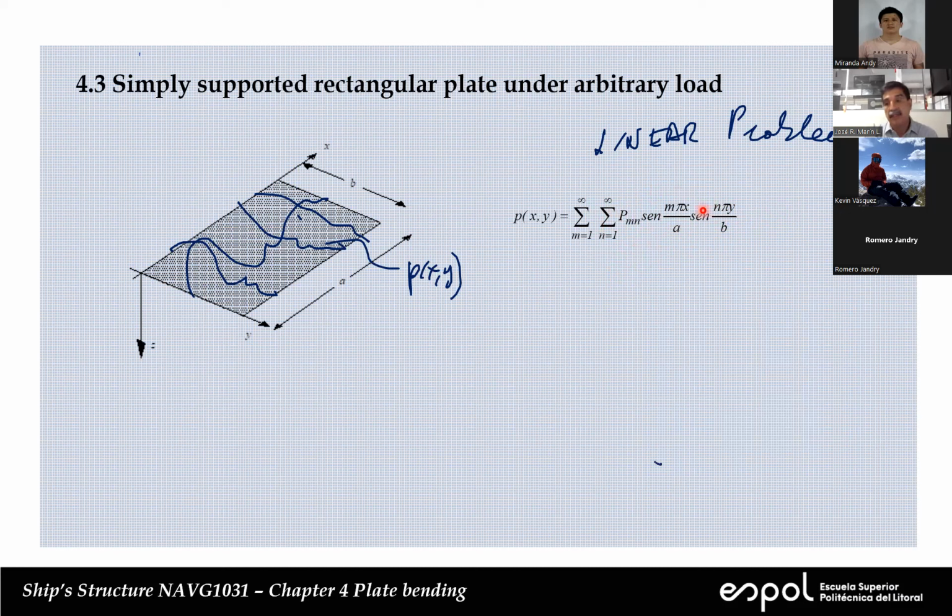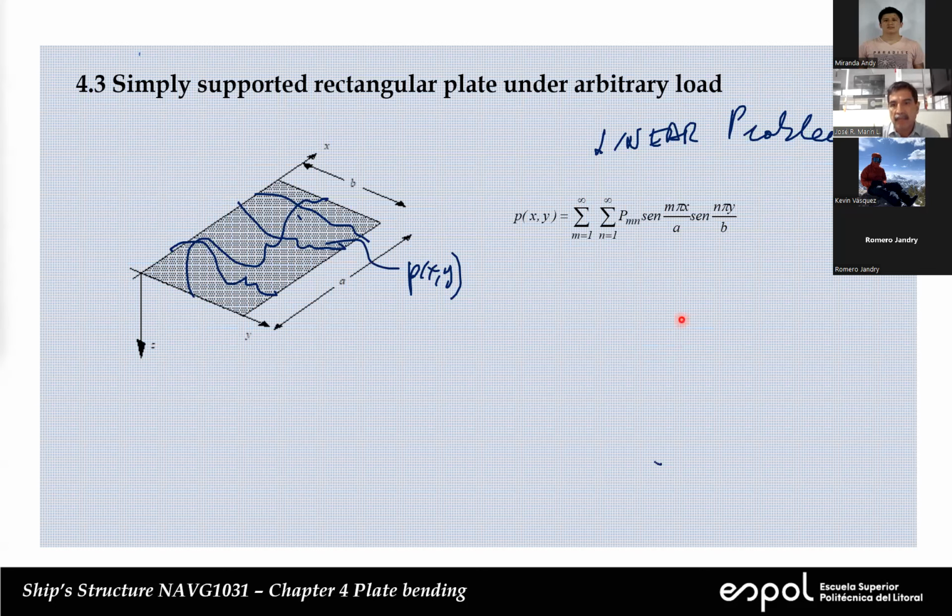So the step that we have to take is to solve this expression. So instead of P of x, y, we have to express it as a function, as a series. And what we need to do now is to deduce an expression for, or to calculate the amplitude of each term. That's all we are left with.